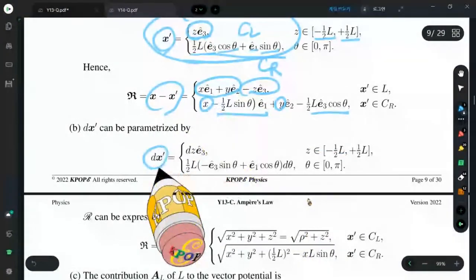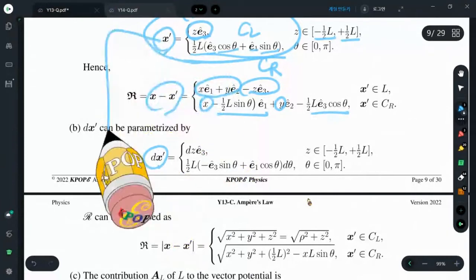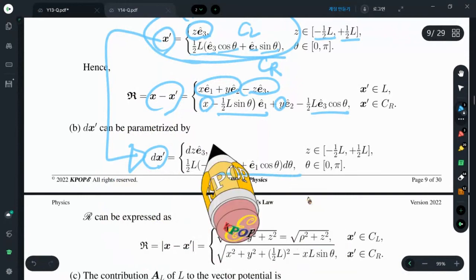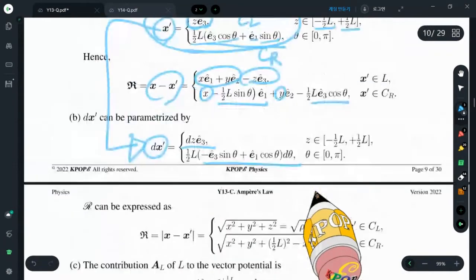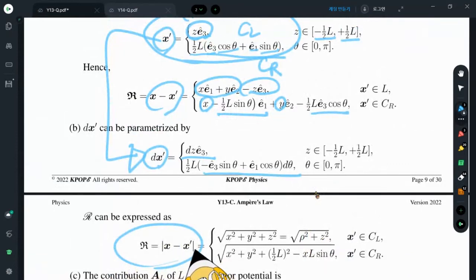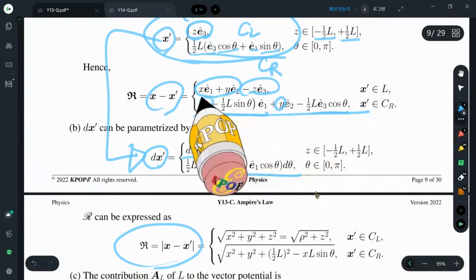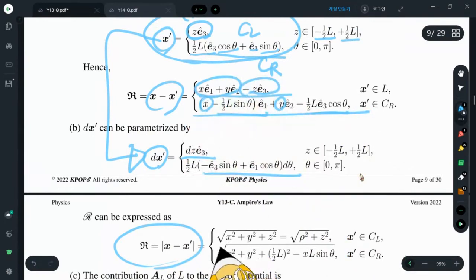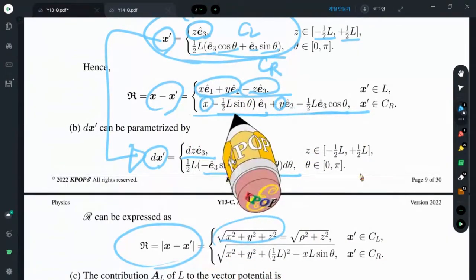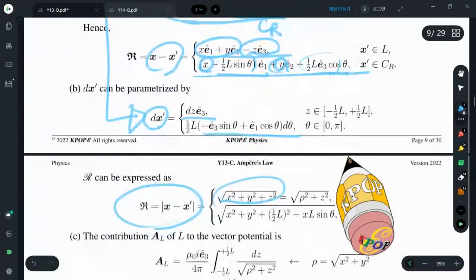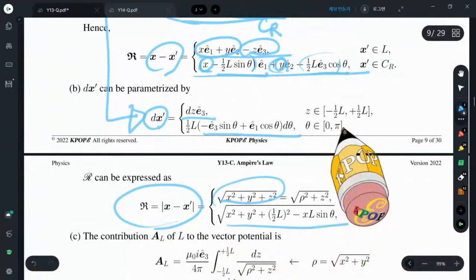The differential dx prime can be evaluated from this. We know how to do that. This is trivial. The magnitude of the distance between the source and field can be obtained by taking the square root of this vector. And in here, it is the square root of x squared, y squared, z squared, and this one's square sum. The result is given in here.